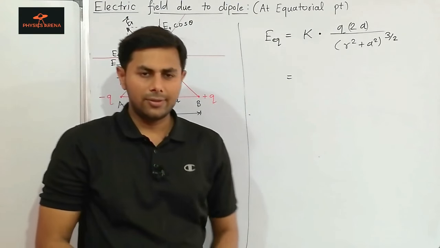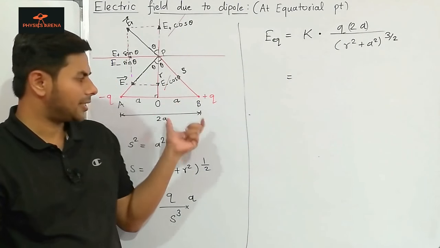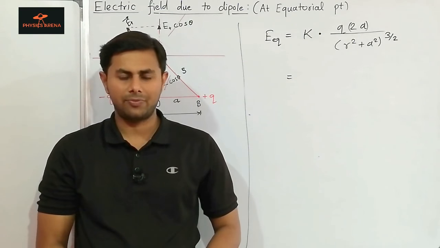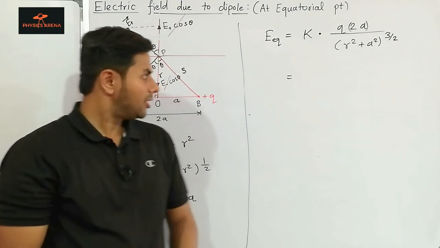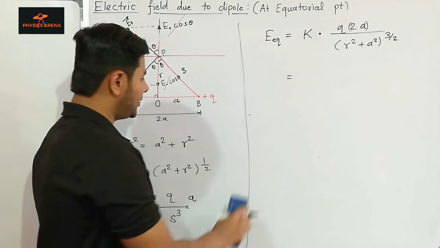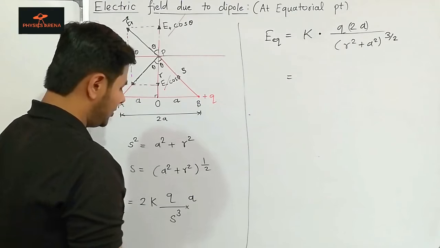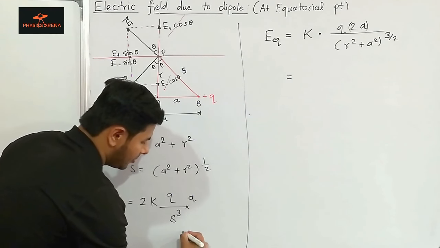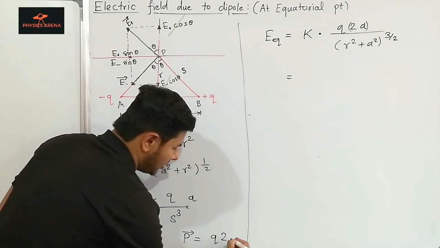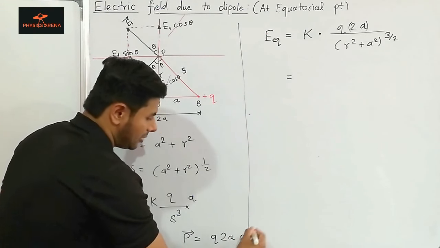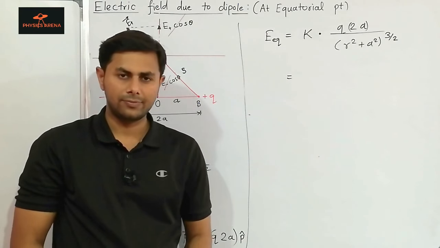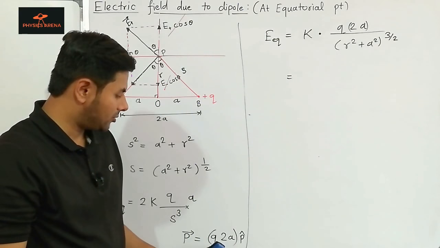Now recall that the electric dipole moment of this dipole, which is directed from minus Q to plus Q, has magnitude of Q into 2A. So recall that the electric dipole moment, which is given by P bar, is equal to Q times 2A, and it will have some direction P cap. So magnitude is Q into 2A.